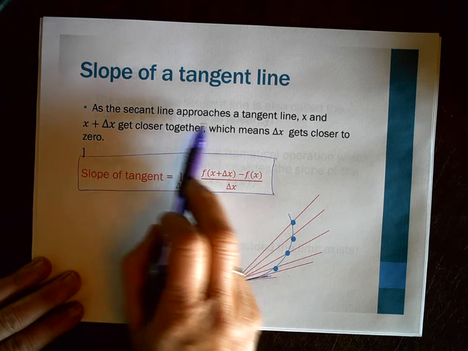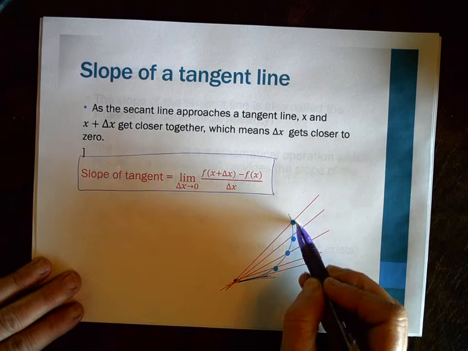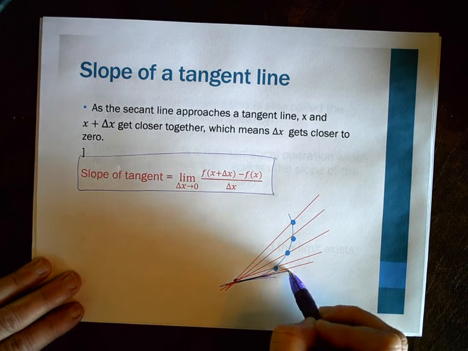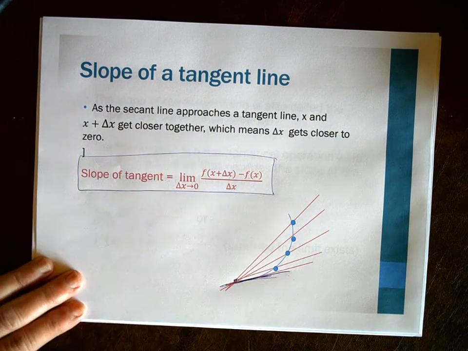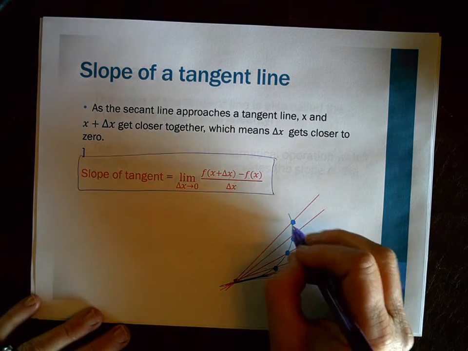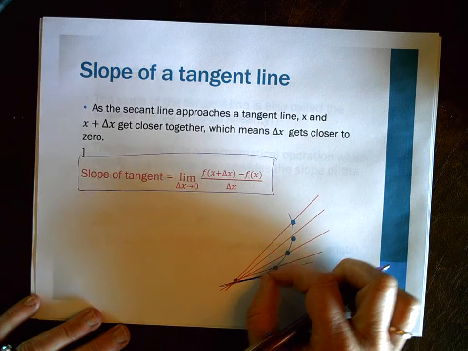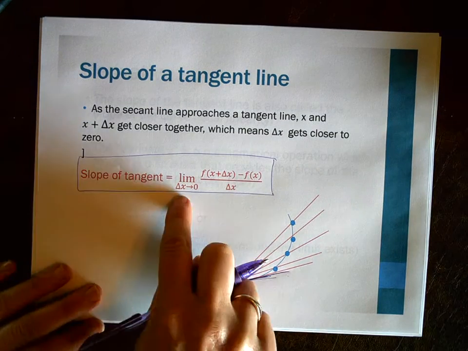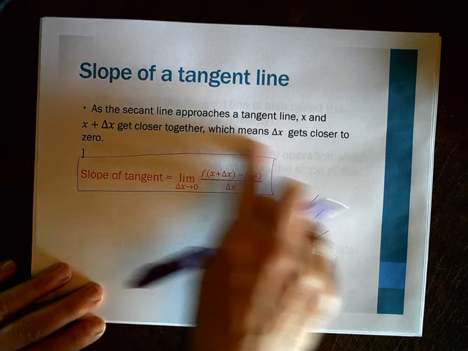As the secant line approaches a tangent line, so as these points get closer and closer and it actually makes a line that's tangent, just touching the curve, this is our formula. The delta x, or the change in these numbers, gets smaller, so it looks like there's no change at all. But there can't be no change, because there has to be 2 points, so we get closer to 0. So that's the formula.